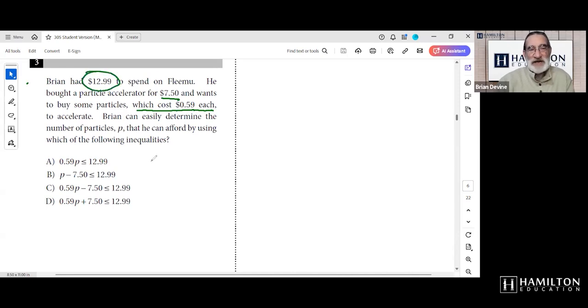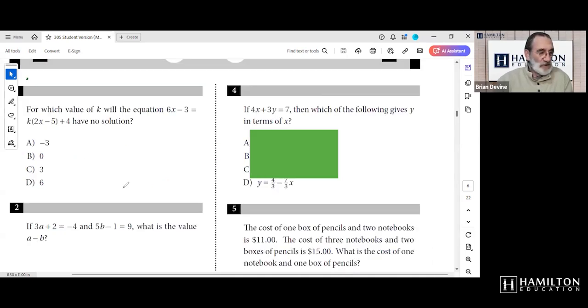Remember, we have a budget here of $12.99. So the cost of the accelerator plus 59 cents for every particle has to be less than or equal to his budget of $12.99. And we can see this matches up perfectly. Well, they switched the add-ins around, but it matches up with D, and D is the correct answer.